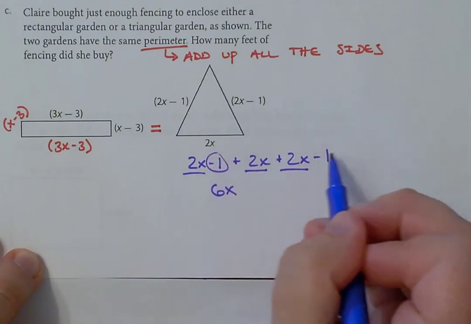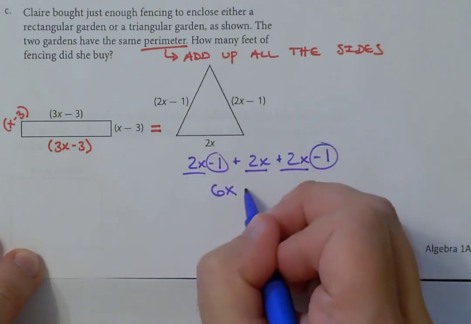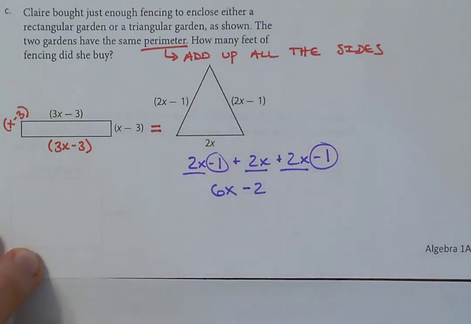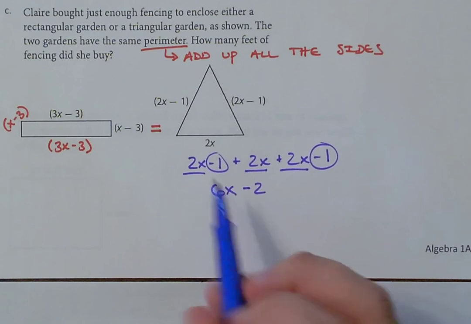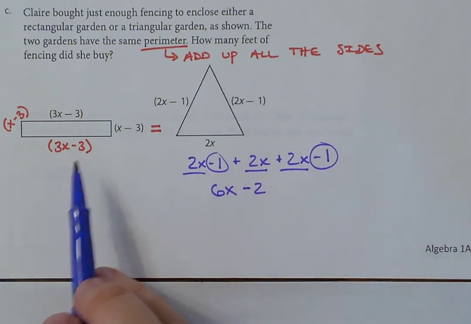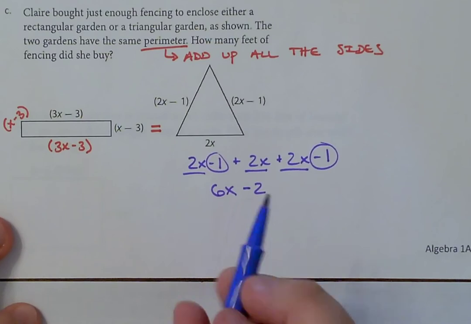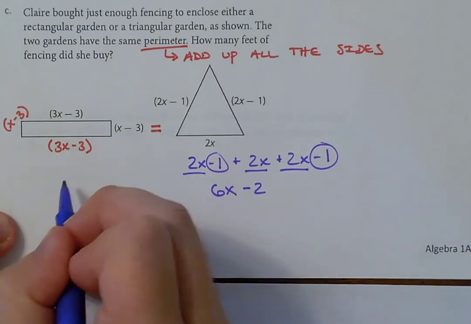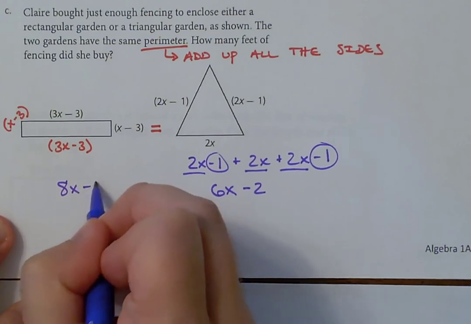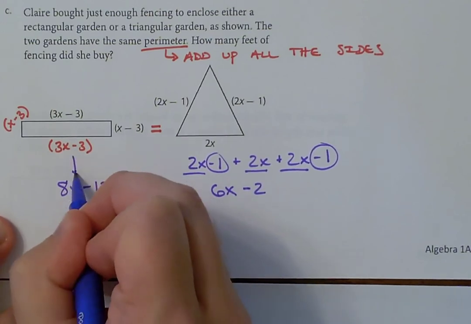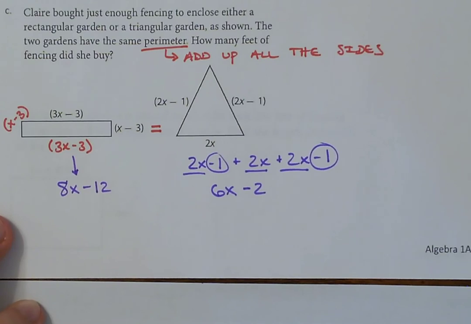And then I have minus 1 and minus 1, which gives me negative 2. So that's going to be 6x minus 2. For the rectangle, just to give you a reference, when you add all 4 sides you are going to end up with 8x minus 12.